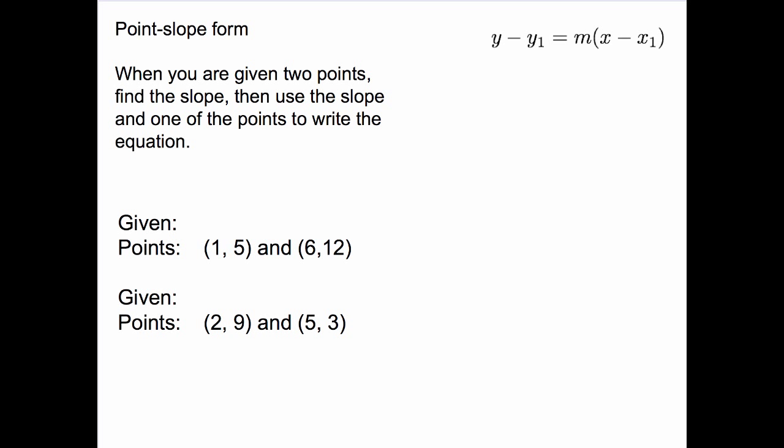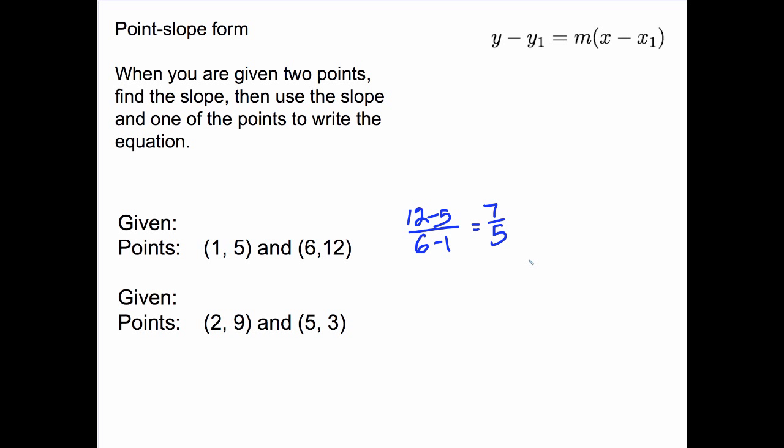Next, we're going to learn how to write a point-slope equation when you're given 2 points but no slope. And this is just one additional step to what we just did. So the first step is to compute the slope, which we will do here in our first example. The slope here is (12 minus 5) over (6 minus 1). That's 7 over 5.